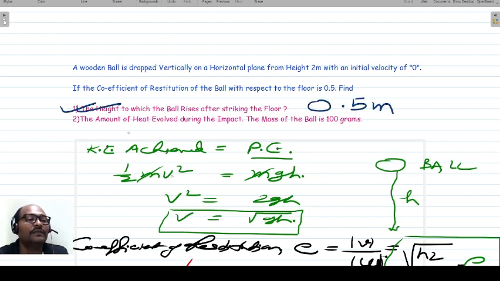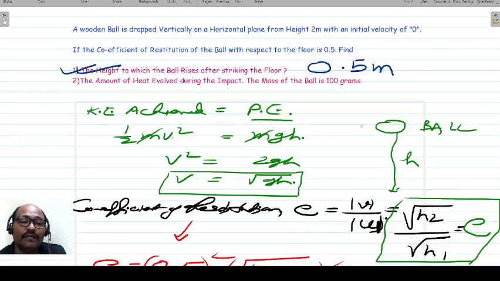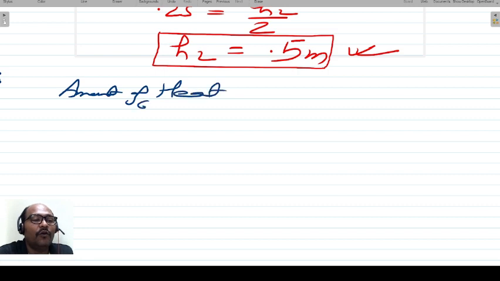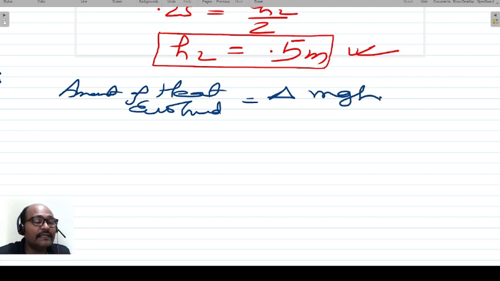The second part is the amount of heat evolved during the impact. The mass of the ball is 100 grams. You know, students, how will we get the amount of heat evolved? The amount of heat evolved equals the change in potential energy: mgh2 after the collision minus mgh1 before.